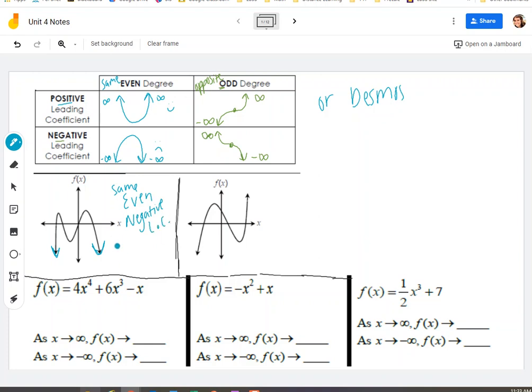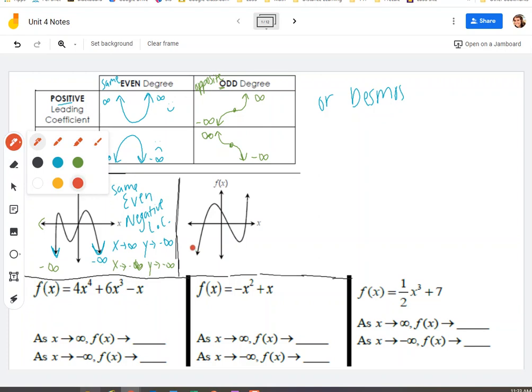So that means that as x goes to positive infinity, y is going to negative infinity because it's down. And then as x is going to negative infinity to the left side, y is also going to negative infinity. So that is my end behavior.